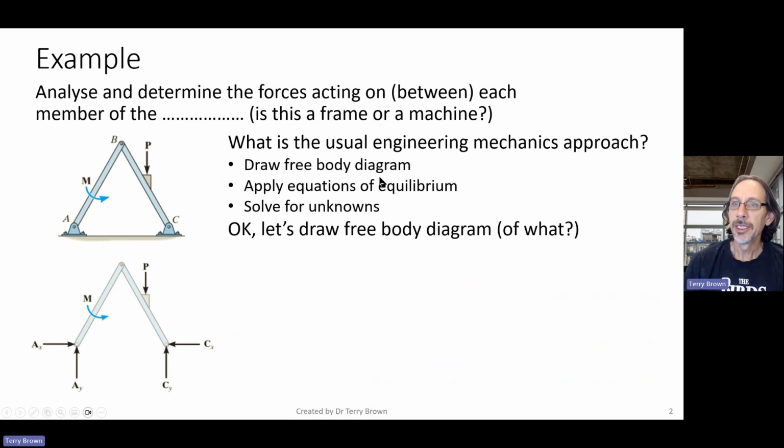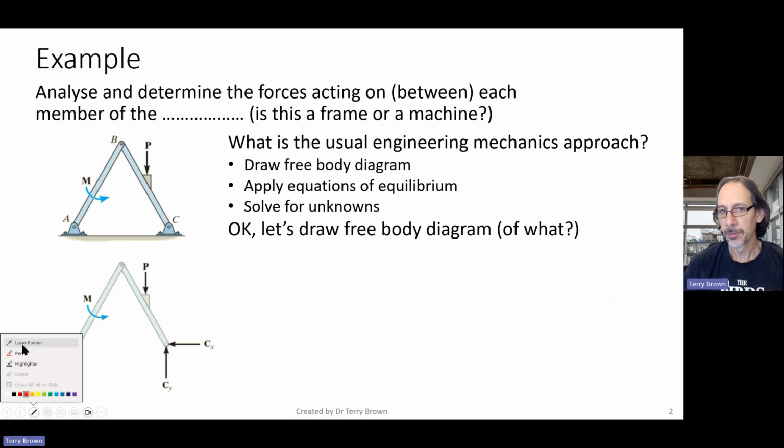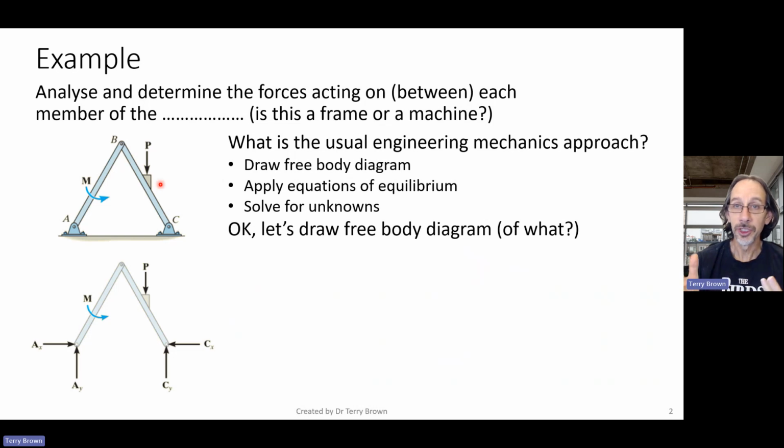The first step here was to draw a free body diagram. Right, so the first step in an engineering mechanics problem is to draw the free body diagram. But now that we have a frame or a machine that's made up of many members, we have a choice to make. We need to decide what we draw a free body diagram of.